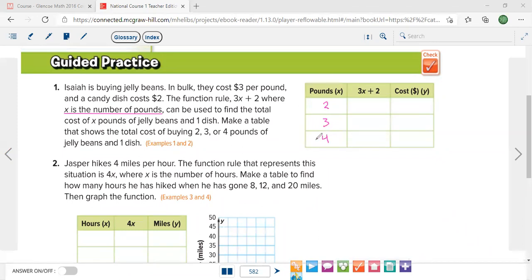So here it will be 3 multiplied by 2 plus 2, 3 multiplied by 3 plus 2, and 3 multiplied by 4 plus 2. 3 by 2 is 6 plus 2, $8. 3 by 3 is 9 plus 2, 11. 3 by 4 is 12, plus 2, 14.